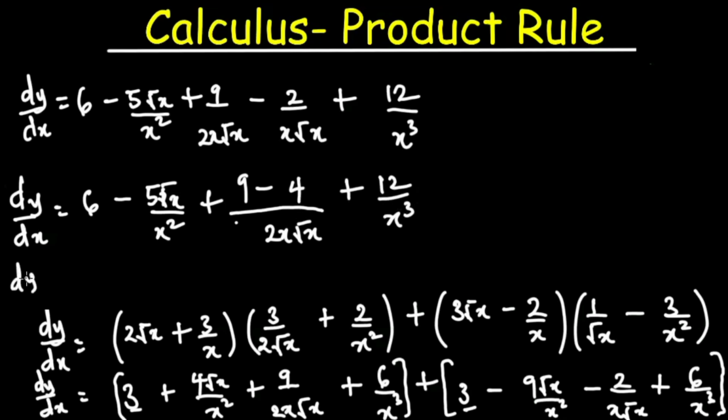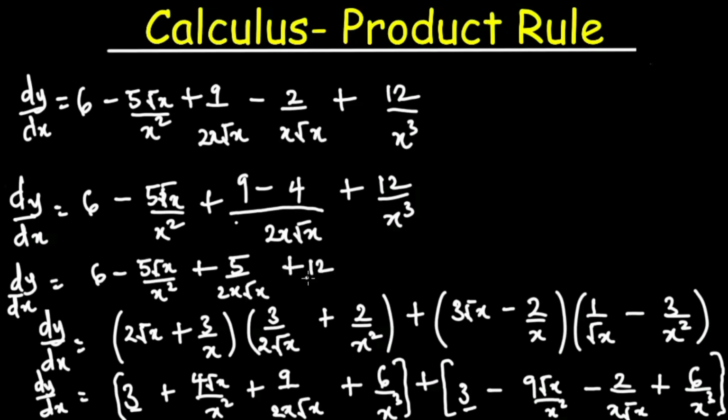And so my final answer will be equal to 6 minus 5 root x over x squared, plus 5 over 2x root x, plus 12 over x cubed. And this is my final answer.